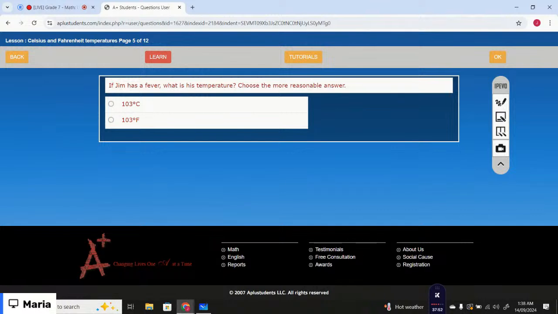If Jim has a fever, what is his temperature? Which is the correct option? The correct option is 103 degrees Fahrenheit. Option number 2 is the correct option.